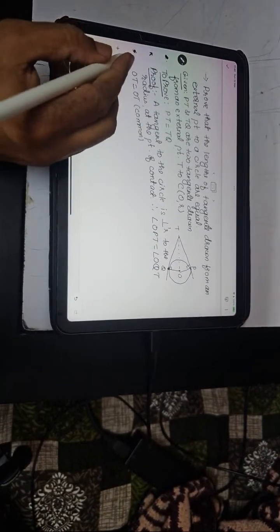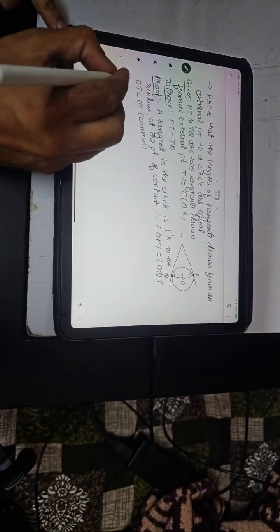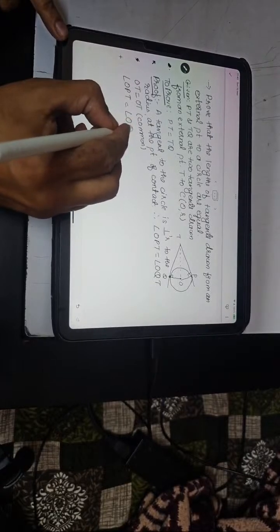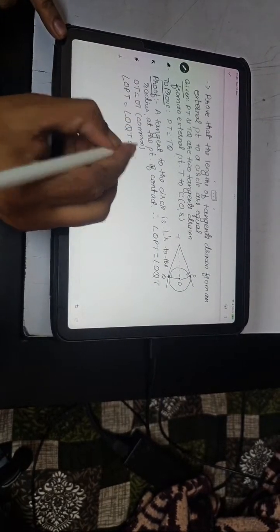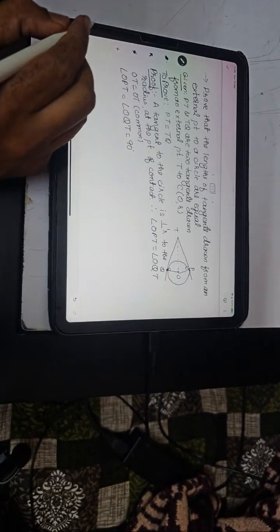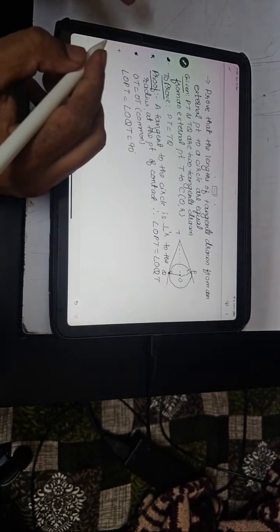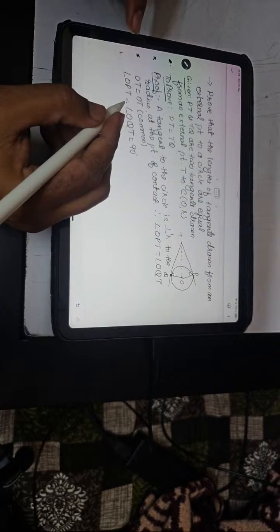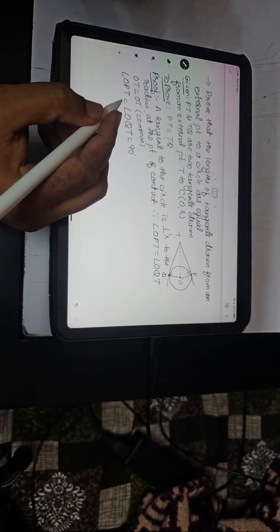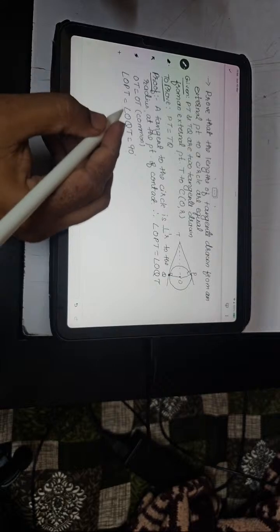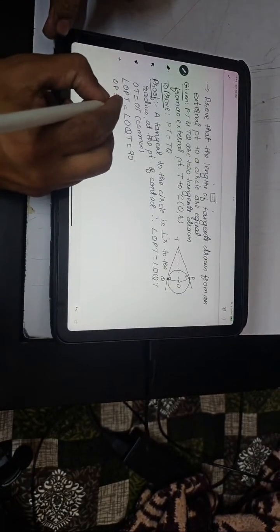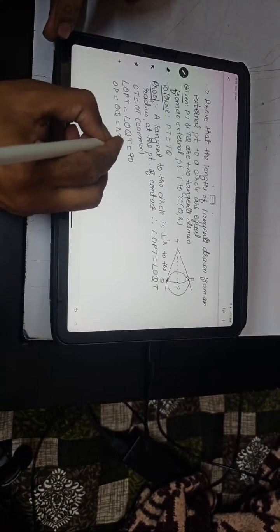So, can I say angle OPT equal to angle OQT equal to 90 degrees, because we first said the angle of tangent and radius will be 90 degrees. And OP and OQ are radii, so they will be equal.